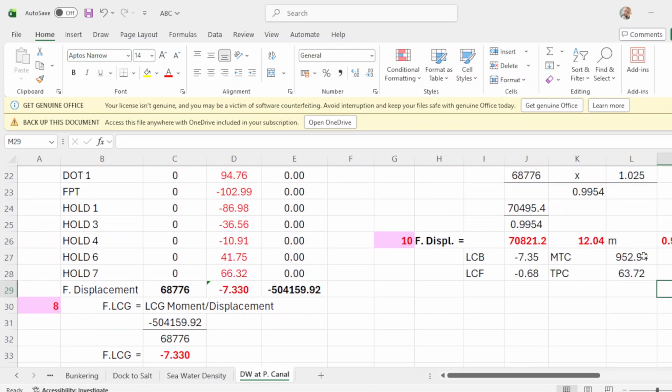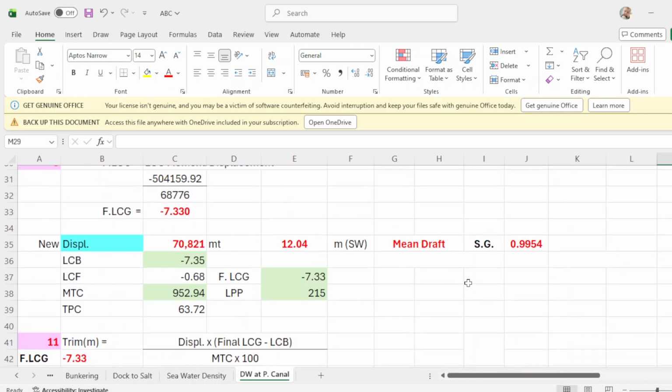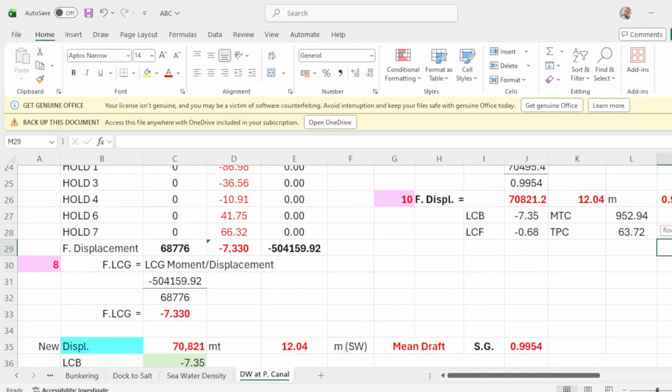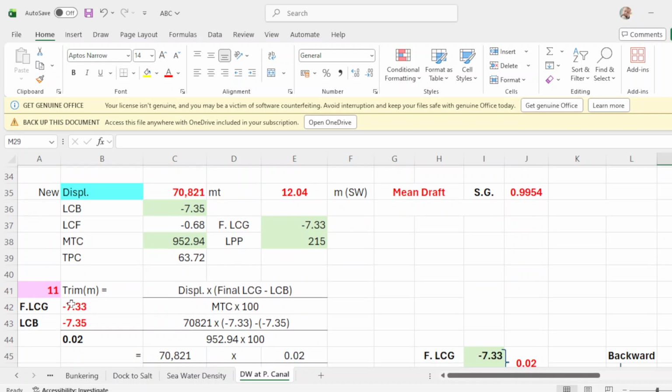So with this value, I place it here, which will be the same. You have your mean drop of 12.04, your displacement, and the local density. All these are derived from this figure. Okay? Then we go to 11. It says trim. Looking for the trim is displacement times final LCG minus LCB over MTC times 100.